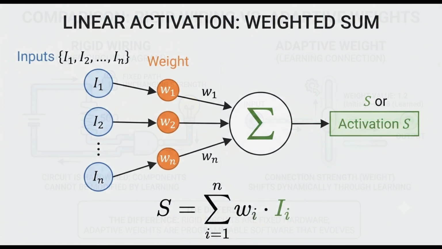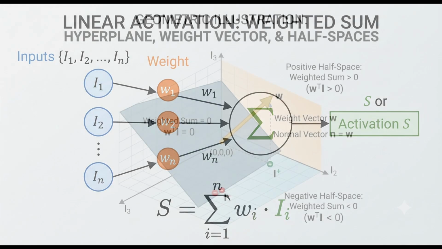The neuron, activation, and the weighted sum. An artificial neuron takes in several inputs, multiplies each one by its corresponding weight, and adds everything up. We call this sum the activation. In most cases, it's simply a weighted sum of all the inputs, mathematically a dot product between the input vector and the weight vector.